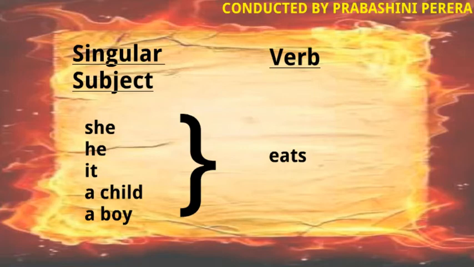You can discern all the subjects. She, he, it, a child, a boy are singular here. So, we have to add s to the verb. With these singular subjects, the verb must be written as eats.